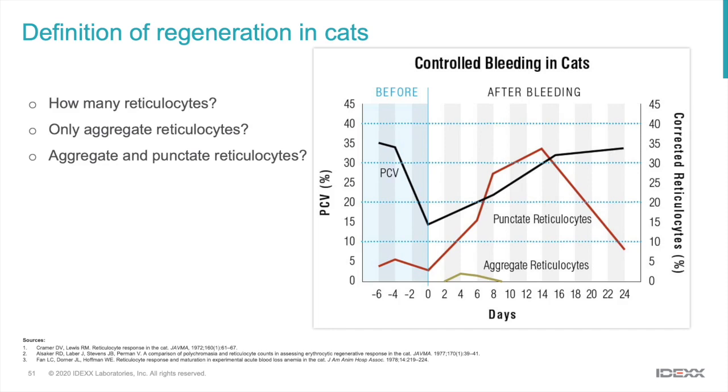And if you have a mild anemia above 20% PCV in a cat, and you do not see an aggregate reticulocyte response, don't condemn that cat to a non-regenerative anemia category. First, do a new methylene blue prep and screen quickly to see if you see a lot of punctate reticulocytes. I wouldn't recommend counting them, but you can screen the slide and recognize there are a lot of them there. That's all we need to know to say regenerative anemia.